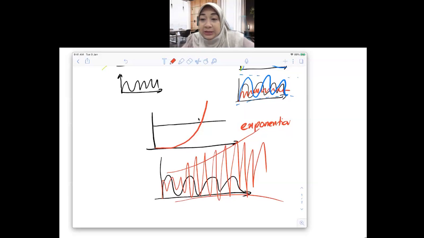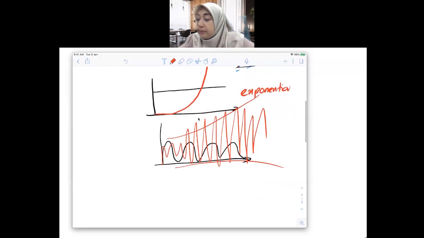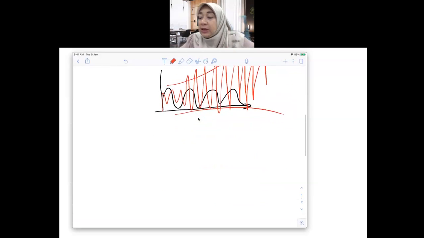So this is an unstable system. This is the envelope of the system becoming bigger. This is more like a resonant frequency. It's becoming bigger and bigger with time. So a system is said to be unstable when its response increases when given a standard input. This is what it means by a stable system.